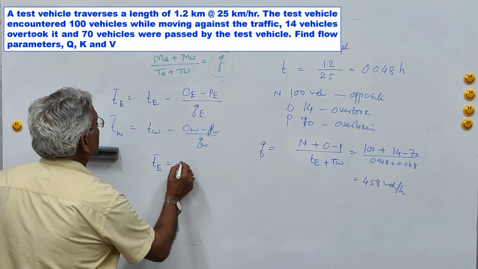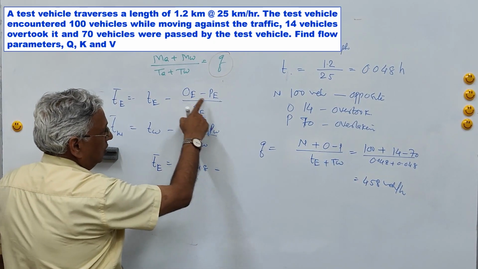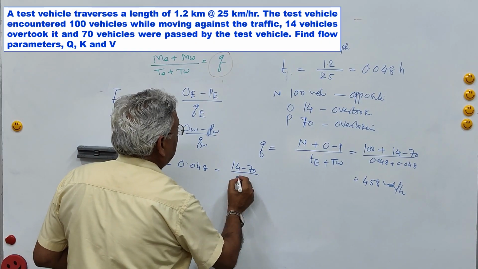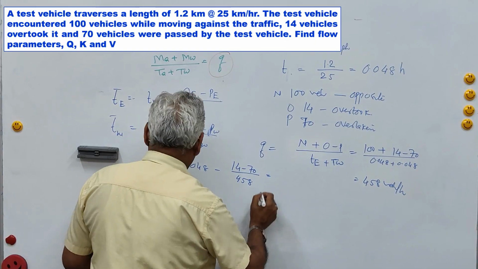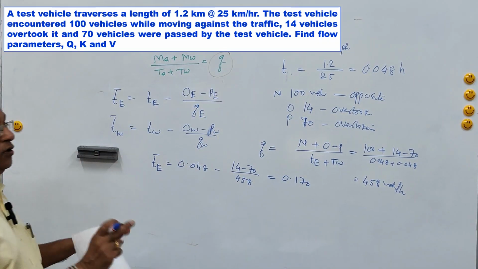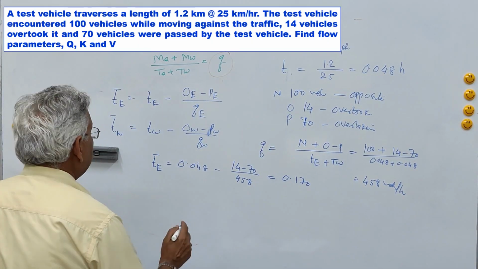TE bar is equal to 0.048 minus (O minus P) 14 minus 70 divided by Q. Q is now 458. So this is 0.170. You know the test length is 1.2 kilometer, so you can find out the speed.